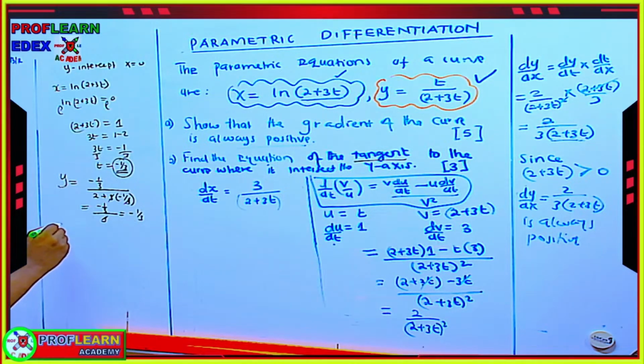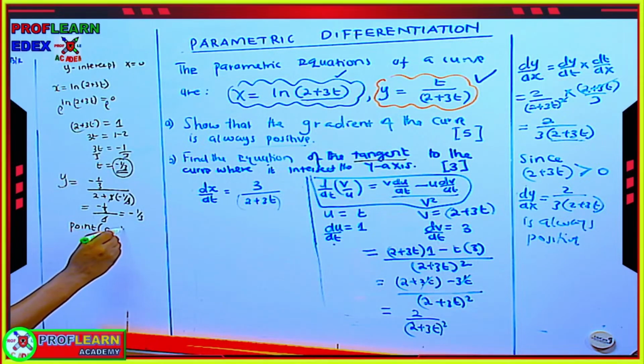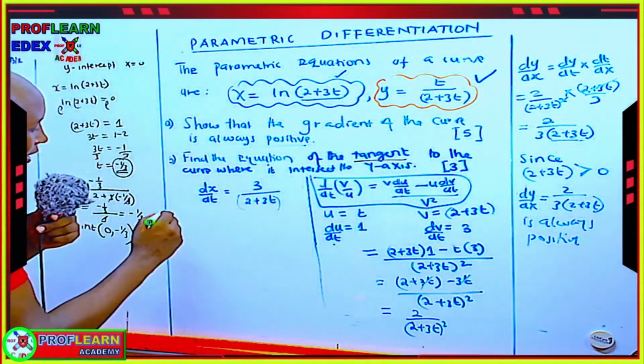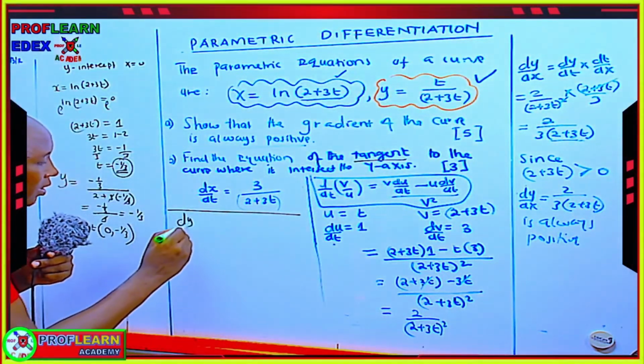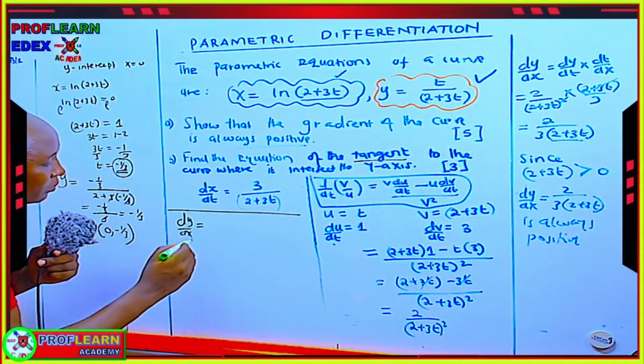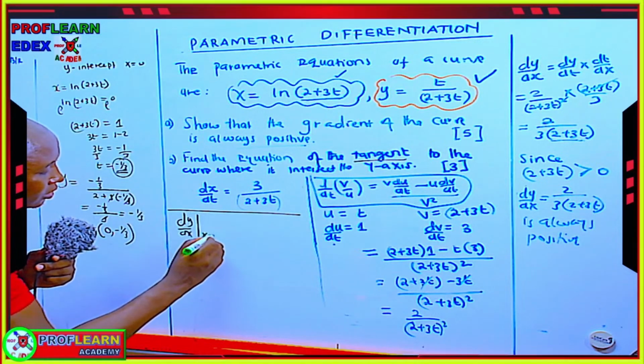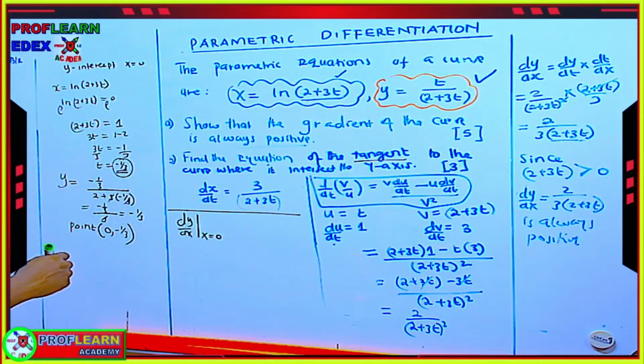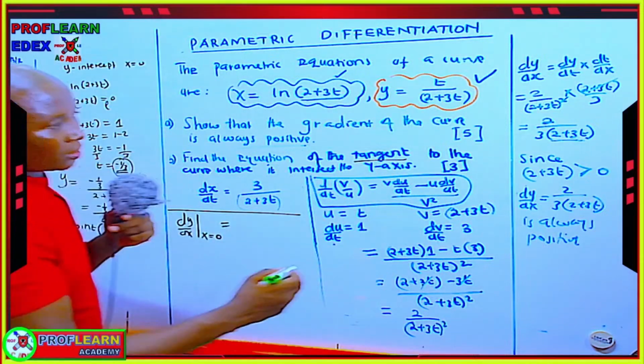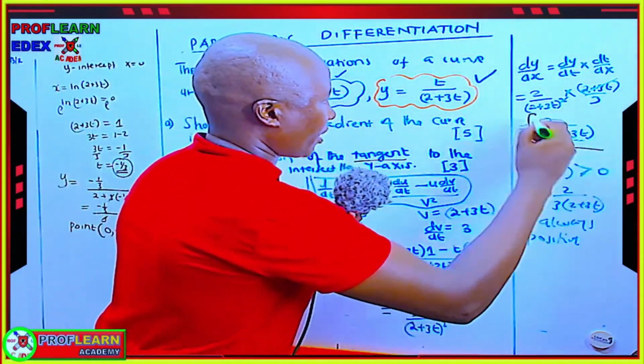So the point where it's going to cross the y-axis is the point 0, 1 over 3. That is the point where it crosses the y-axis. And then we need to know what's the gradient dy/dx, the gradient of the tangent at that point. We're going to evaluate dy/dx at the point where t is negative 1 over 3. So we are going to substitute that value into this.